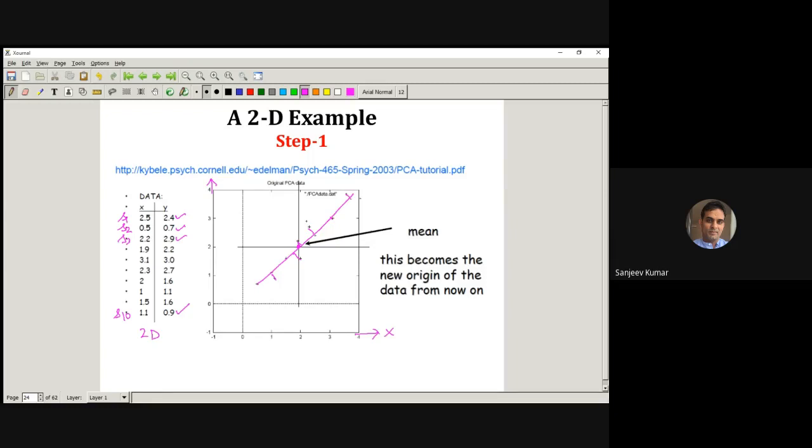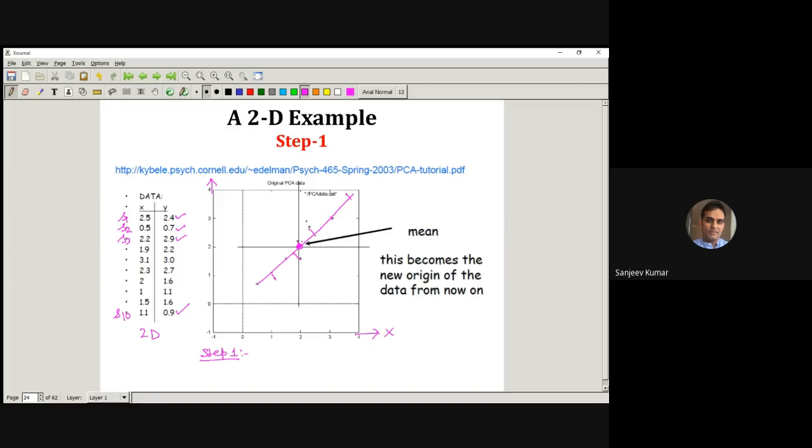Now how to find this line? What is our first step? Anybody? Sir, we can assume a mean in the middle of the observations. Okay, you can normalize, no problem. Even if you do or do not, no problem.